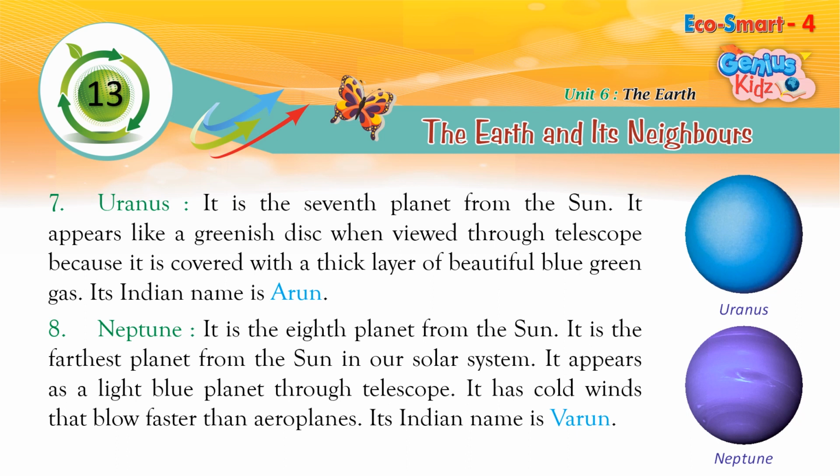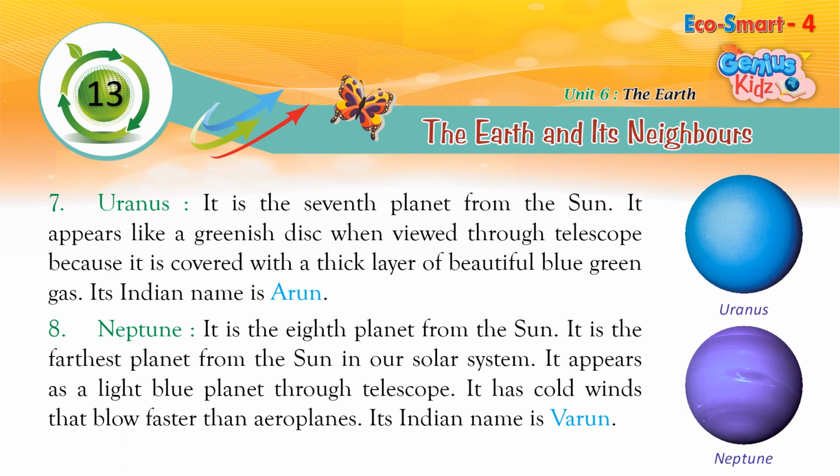7. Uranus. It is the 7th planet from the Sun. It appears like a greenish disk when viewed through a telescope because it is covered with a thick layer of beautiful blue-green gas. Its Indian name is Arun. 8. Neptune. It is the 8th planet from the Sun. It is the farthest planet from the Sun in our solar system.